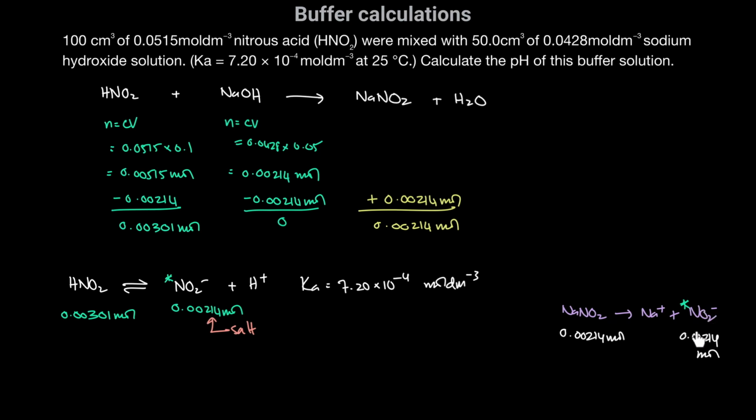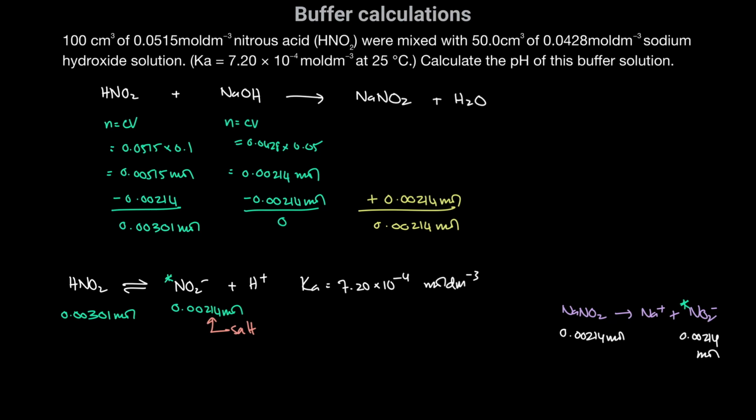So we can assume that all the NO2 minus ions are coming from the salt that we produce here, from this reaction, rather than from the acid itself. So this number of moles is just the same as we have of NaNO2 here. And we can assume that the weak acid remains unionized in this buffer.